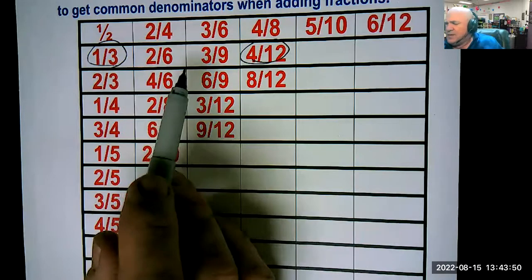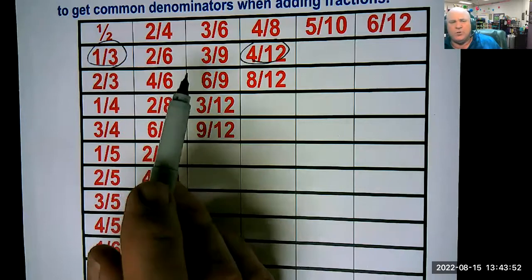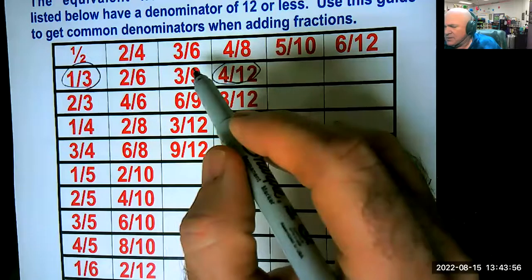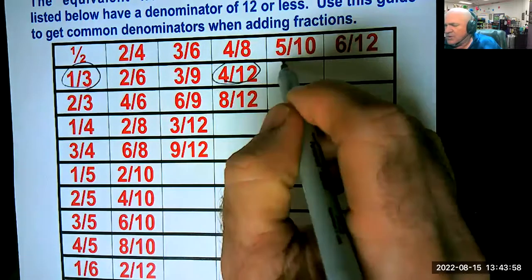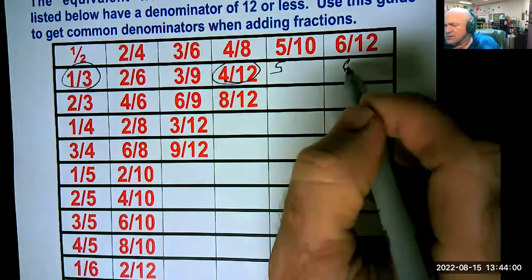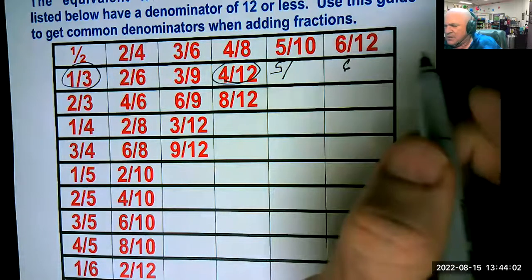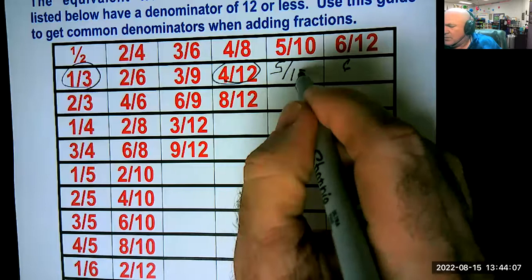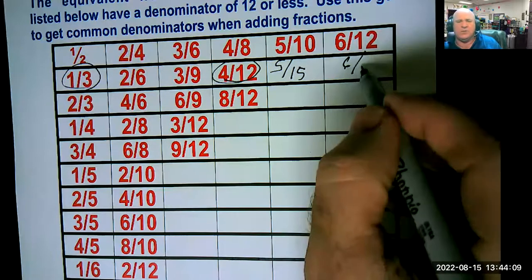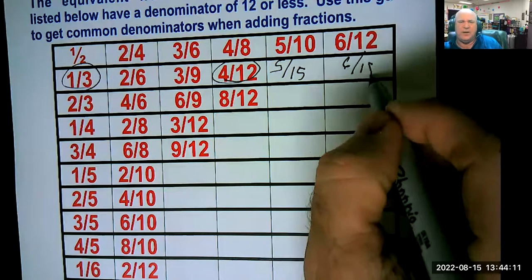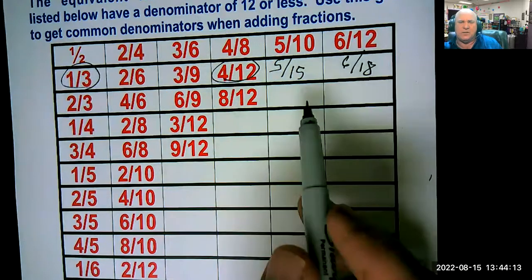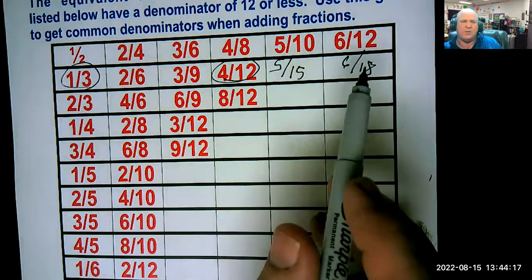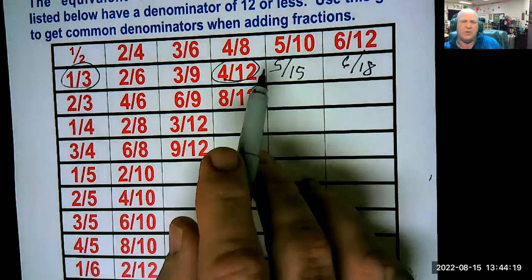So how do I extend that for a little bit higher grade? 1, 2, 3, 4, 5, and 6 could be my numerators. 3, 6, 9, 12, 15, and 18 could be my denominators. So if I was to extend that, 5/15 and 6/18 are equivalent fractions to 4/12, 3/9, 2/6, and 1/3.